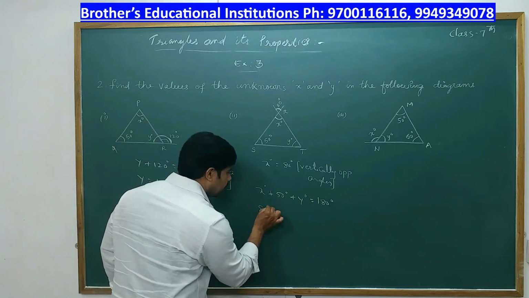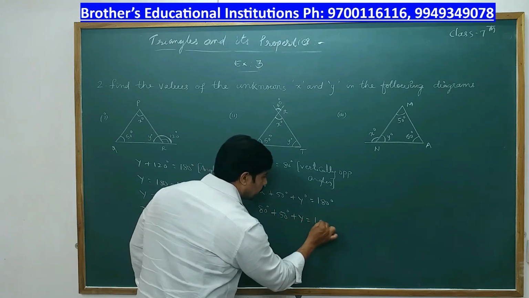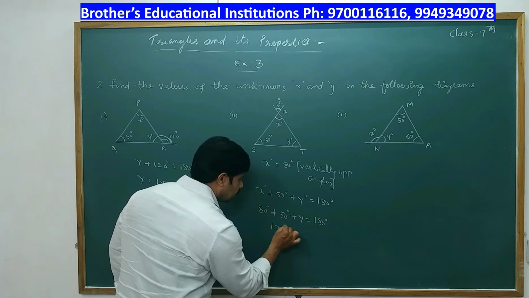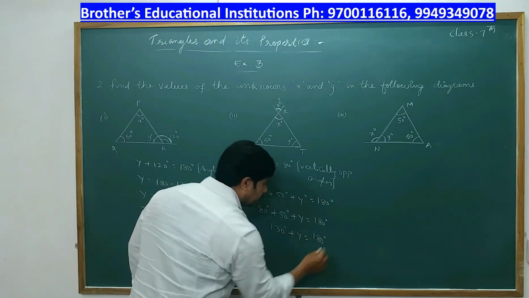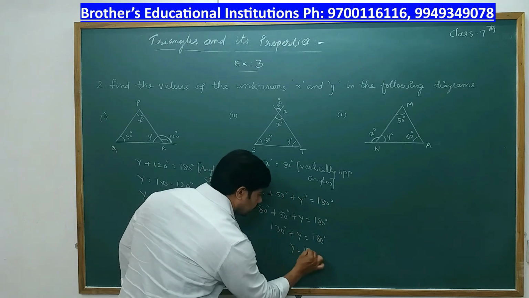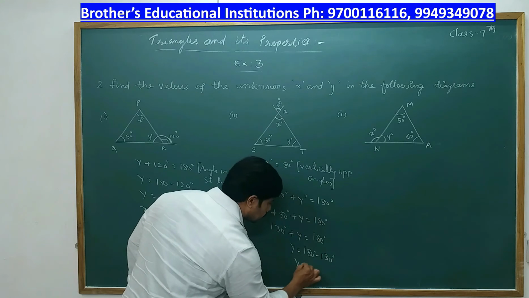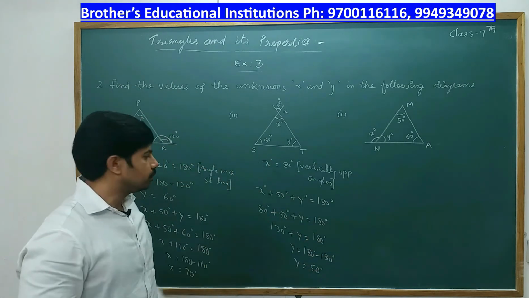So it is 80 plus 50 plus y is equal to 180 degrees. So 130 plus y is equal to 180 degrees. So y will be 180 minus 130. So y is 50 degrees. So we got the value of y.